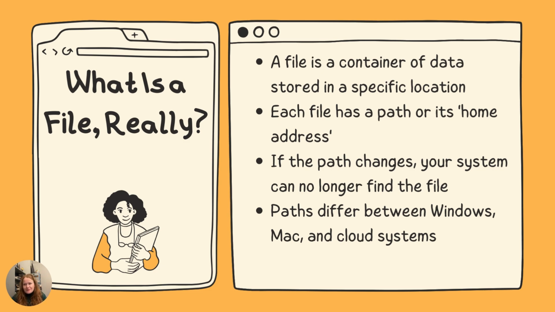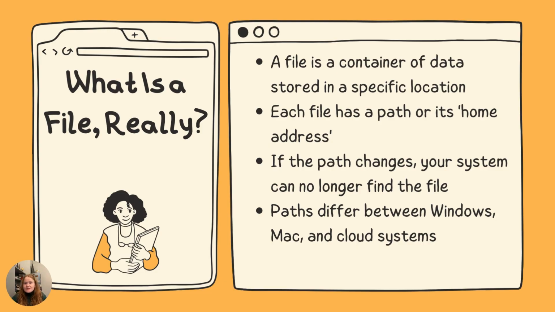So, what is a file? The file is something that contains information. You engage with files constantly. Like when you take a picture and it saves on your phone, that is a file. You're not necessarily thinking about it as a file, you're thinking about it as a picture, an image that you can share. But still, it has a home, right? There's a pathway, there's a place that somebody could track down where it is saved on your phone. So that's the file path, the home address, it's where it lives essentially.